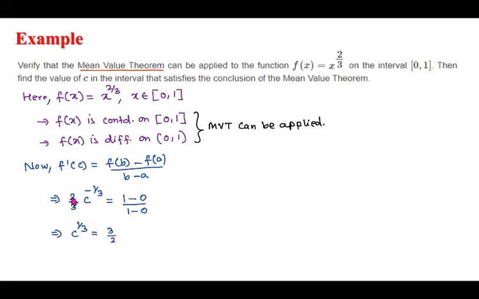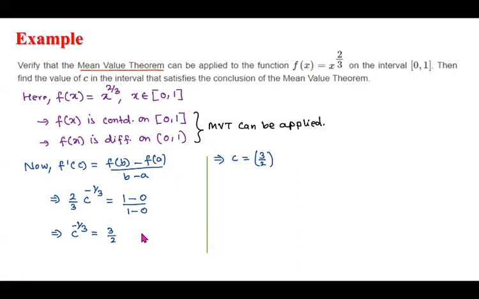So now, if we multiply on both sides by 3/2, we get c raised to negative 1/3 equal to 3/2. You can solve this by any method you want. All you need to do is solve that equation and find the value of c. So c is equal to 3/2 raised to the power negative 3, because to undo the power negative 1/3 you raise both sides to the power negative 3.